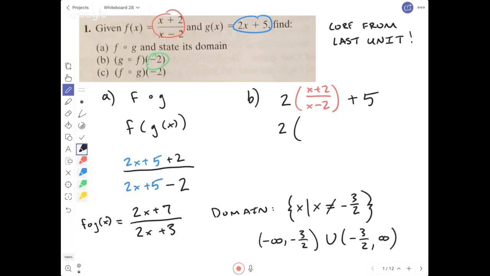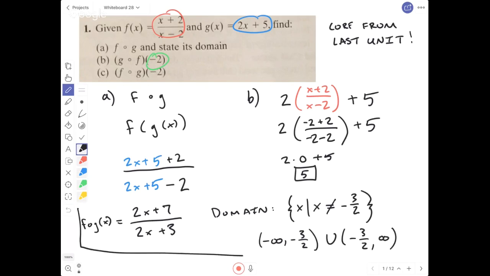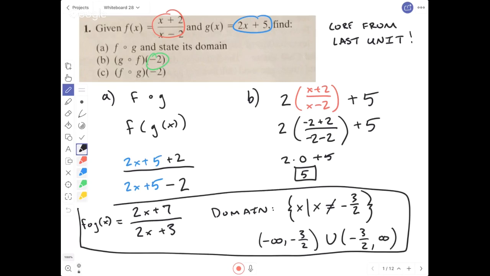So 2 times negative 2 plus 2 over negative 2 minus 2 plus 5, which is just 2 times 0 plus 5, which is 5. So that's B. All of that was A.